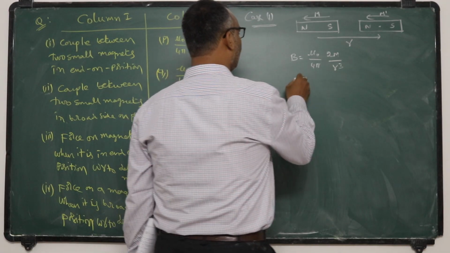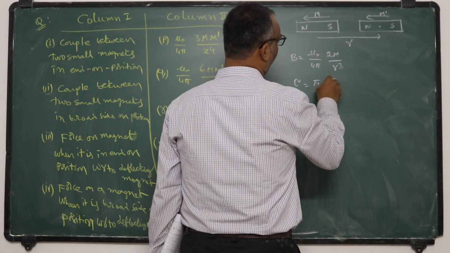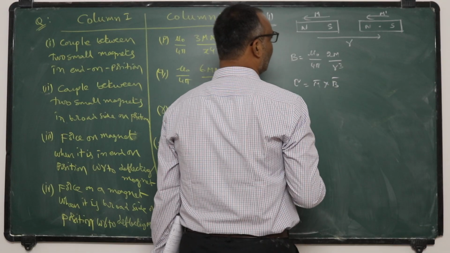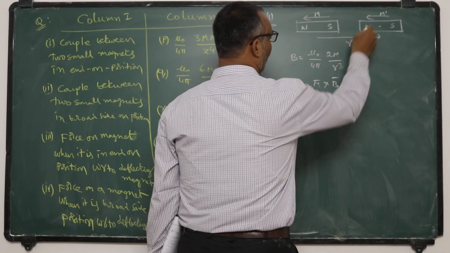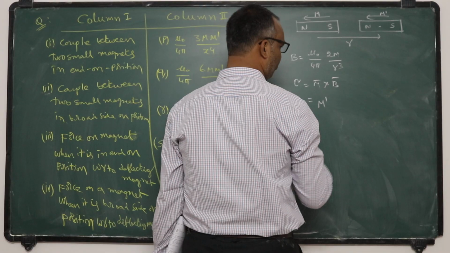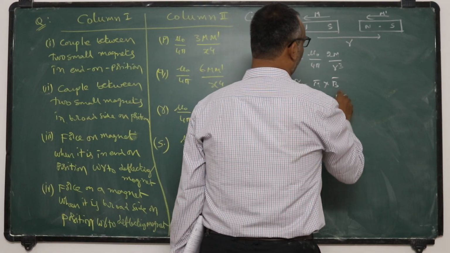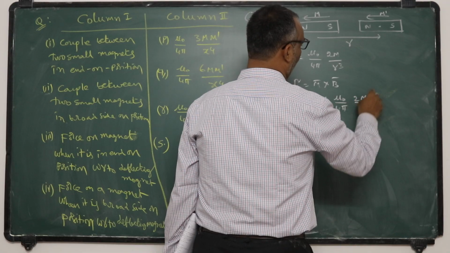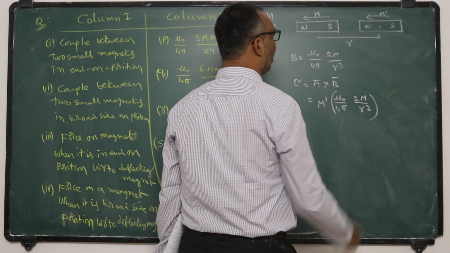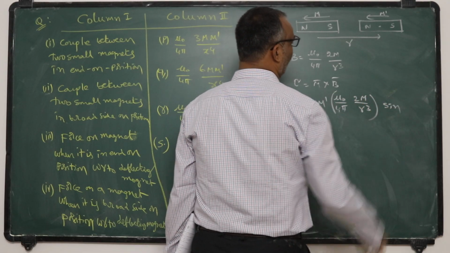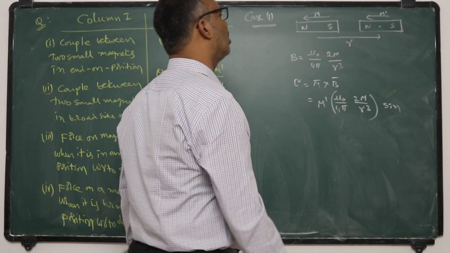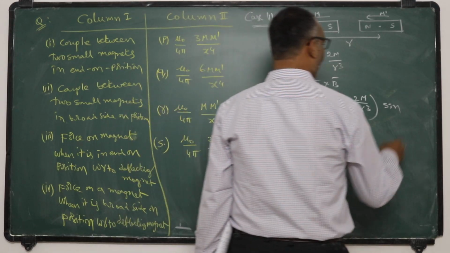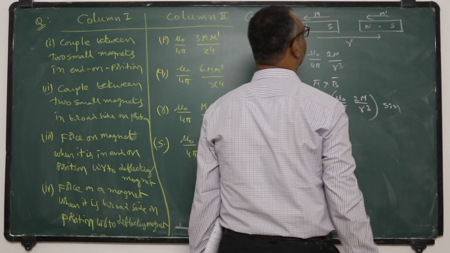Couple or torque is given by m bar cross B bar. So here the magnetic moment is m dash, and B bar is mu naught by 4 pi, 2m by r cube, times sine of the angle between them. The angle between these two is 0 or 180. How to decide?